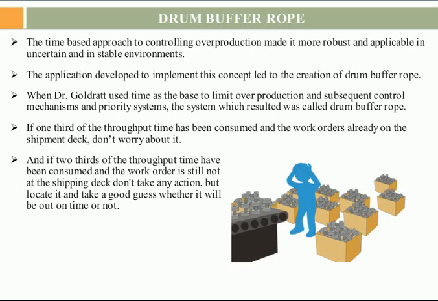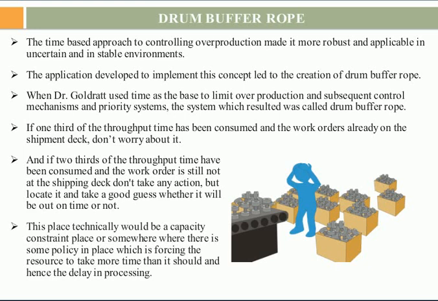And if, by taking all those orders which fell in the worrying zone, one starts analyzing the cause, this would lead to the place where the flow is getting disrupted. This place technically would be a capacity constrained place, or somewhere where there is some policy in place which is forcing the resource to take more time than it should, and hence the delay in processing.